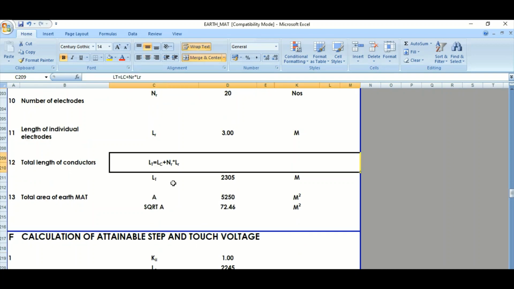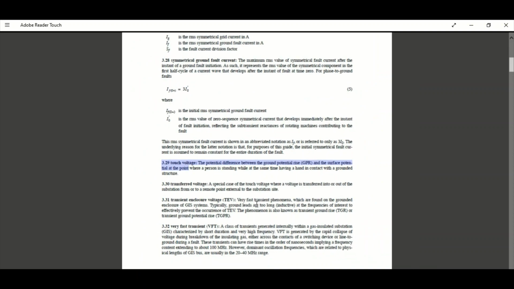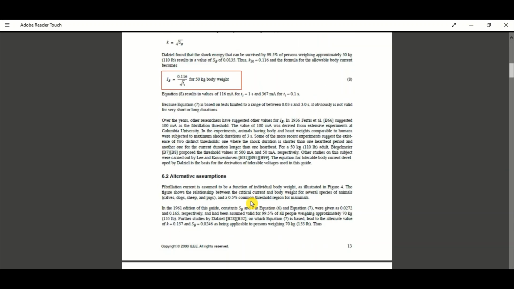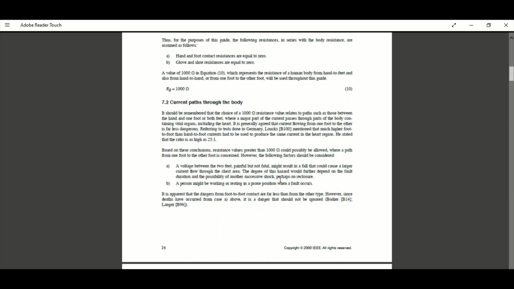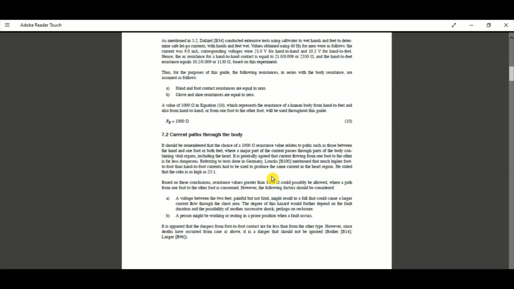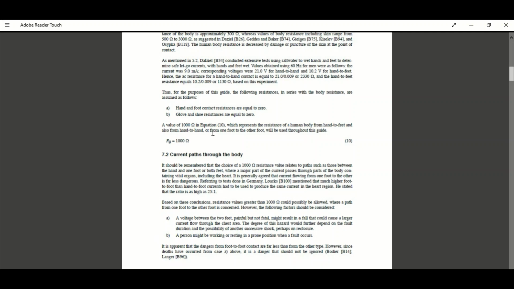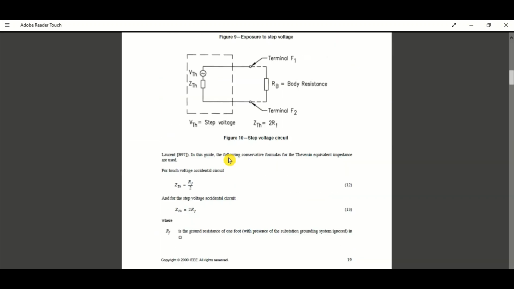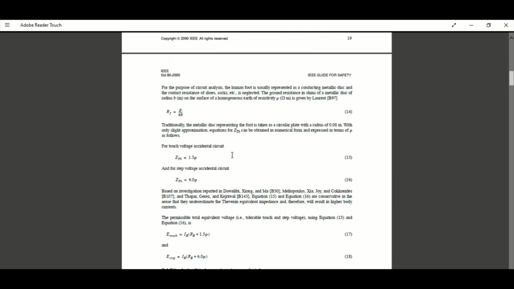So where from this equation is coming, LT equals to LC plus NR into LR, it is also specified in the IEEE 80. If you go through the IEEE 80, then you can find out that equation as well.